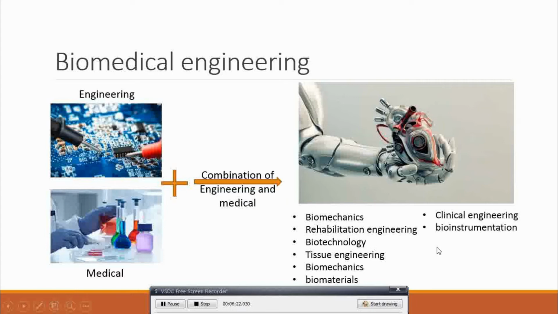These are the areas that are available. If you're not studying further, you can also explore jobs in this particular area, because we have provided you with the knowledge that will let you join this kind of job.